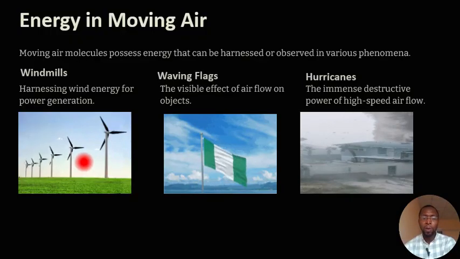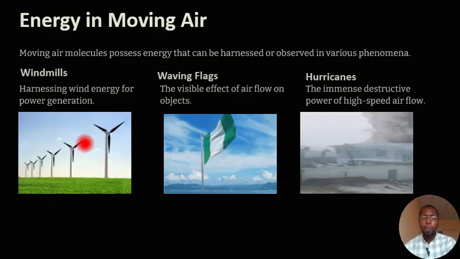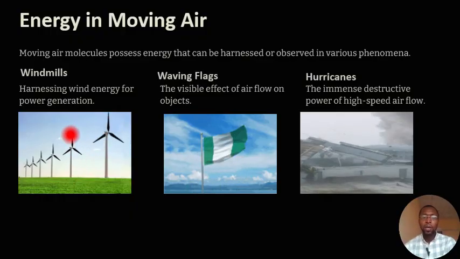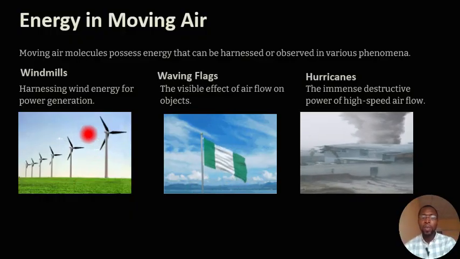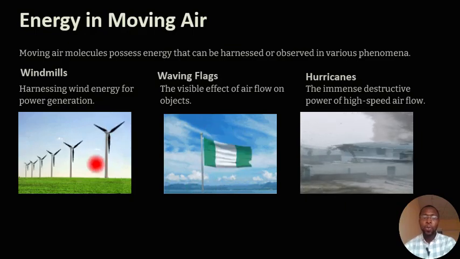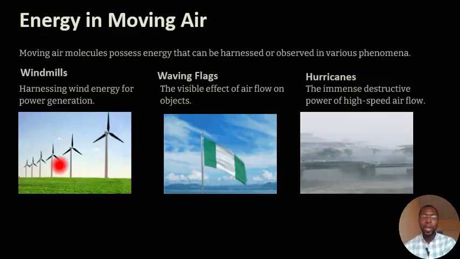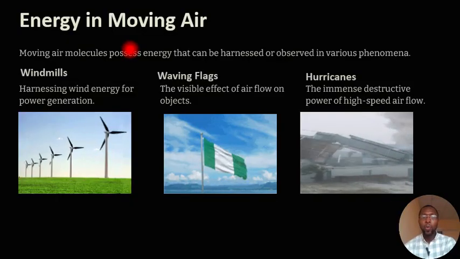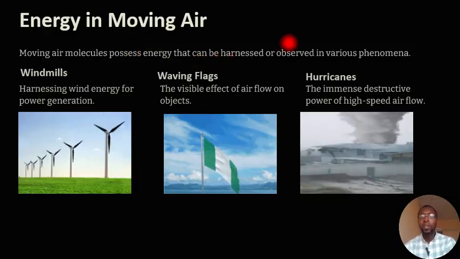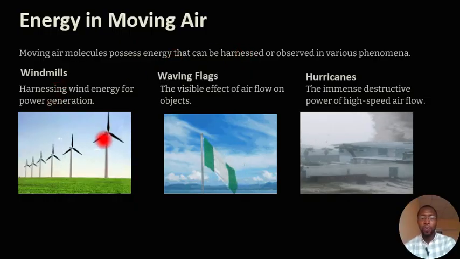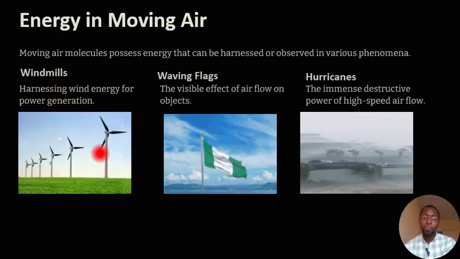The sample of a windmill looks just like a fan. But what happens in a windmill is, as the air blows the fan of the windmill, it keeps turning, and as it turns, it converts that energy into electrical energy. So that's one way in which the energy in air is harnessed. Windmills make use of it to generate electricity.